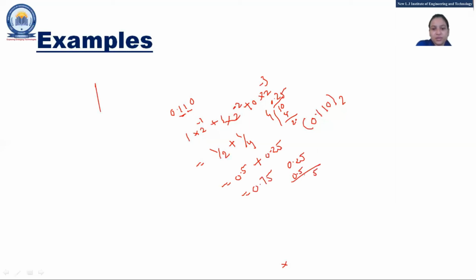So the decimal equivalent of this binary fraction is equal to 0.75. So this is how we can convert any binary fraction into a decimal fraction.